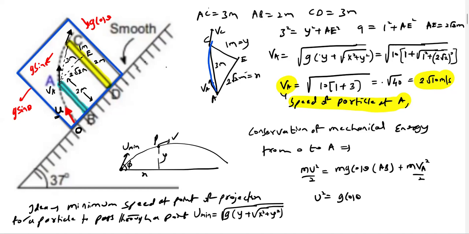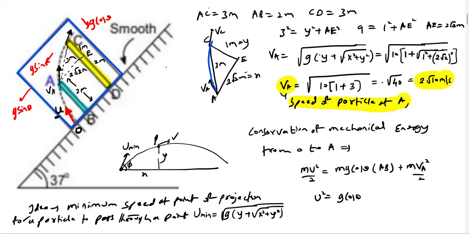Why do you have to ask the question, sir, why g cos theta? What is the acceleration due to gravity normal to incline? Usually in all our problems this will be g, no? Let me do a correction.